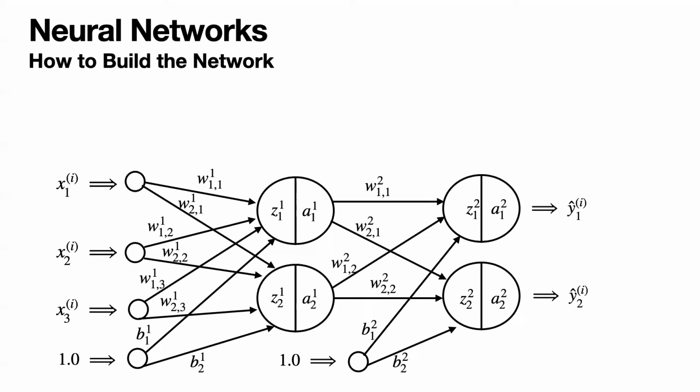Now, the notation and terminology for neural networks is all over the place. So I have to preface before going forward that this is my notation. This is the best way that I found to learn this stuff when I was teaching myself.